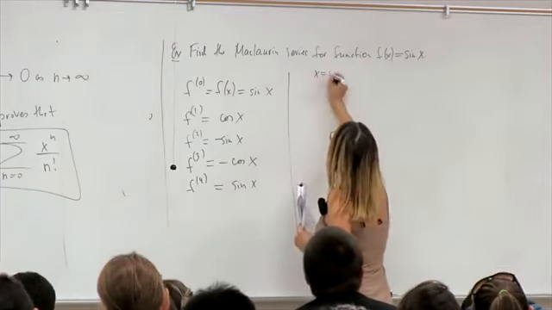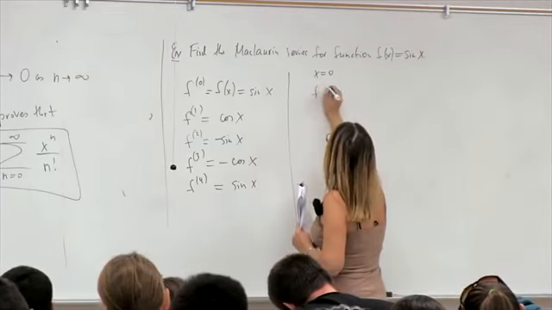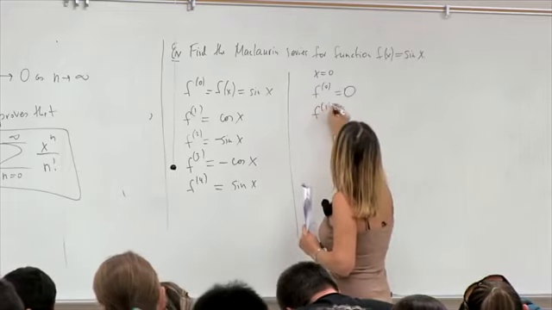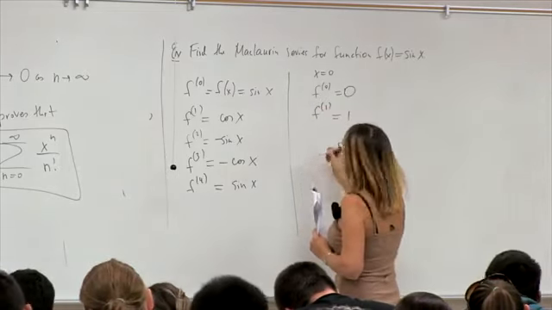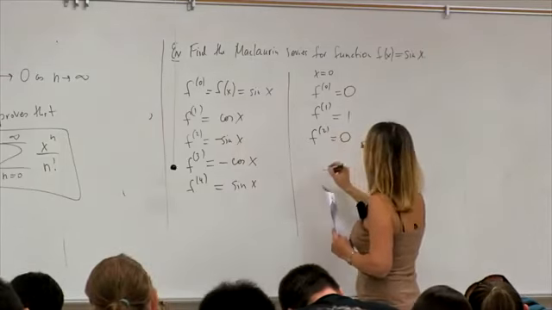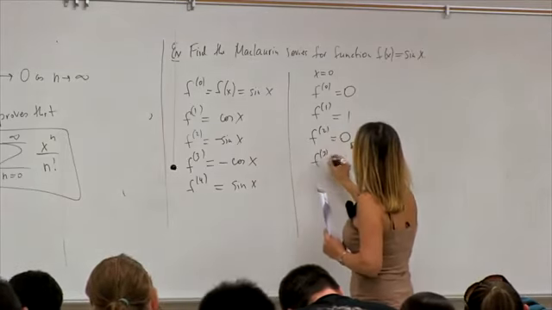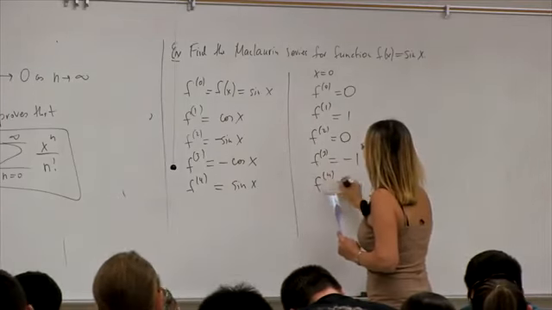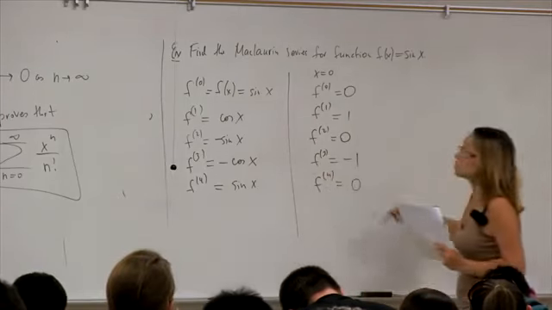So setting x equals 0, we have f of 0 is 0. The first derivative is 1. The second derivative is 0. The third derivative is minus 1. And the fourth derivative is 0 again. And it's going to repeat.